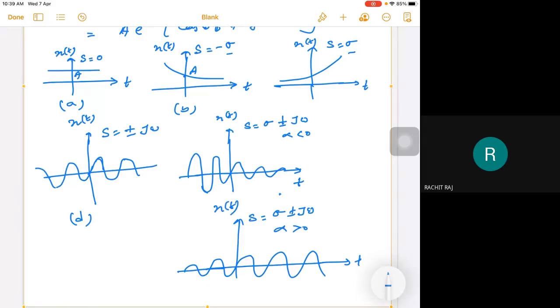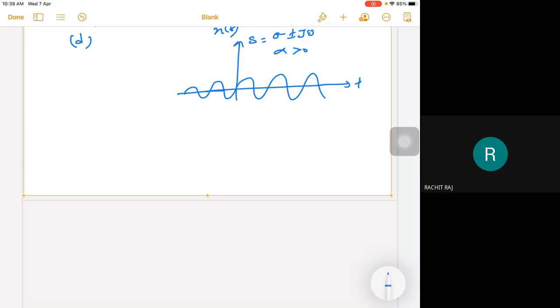So these are all about your exponential function. Okay. Now the next one is important.